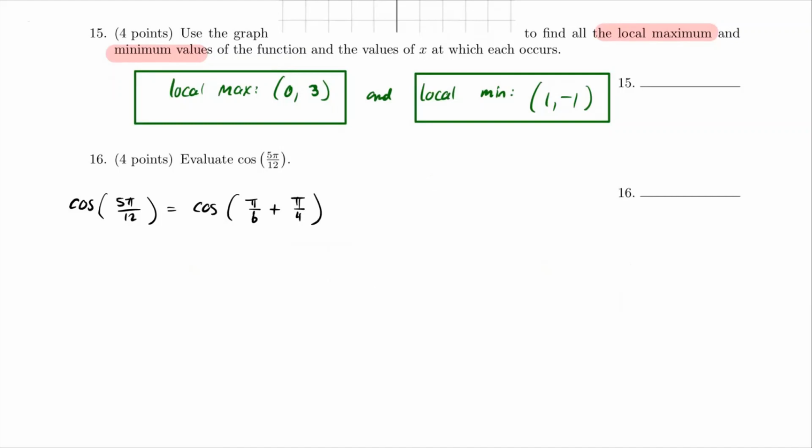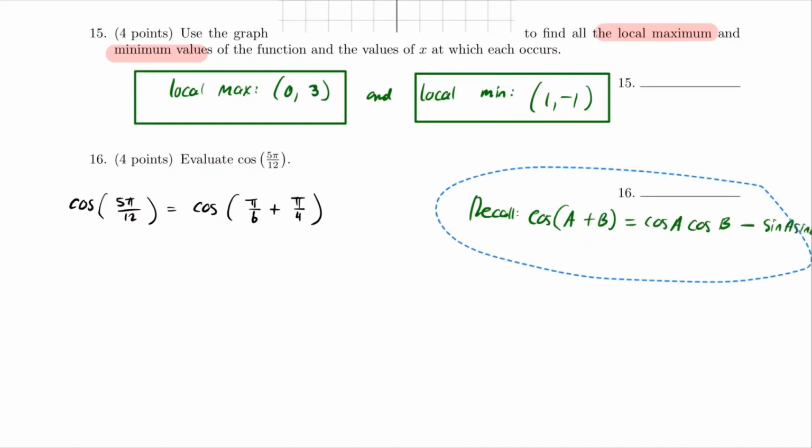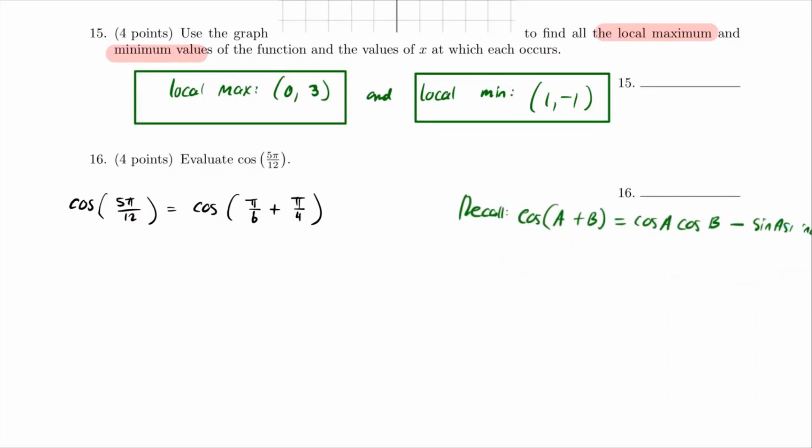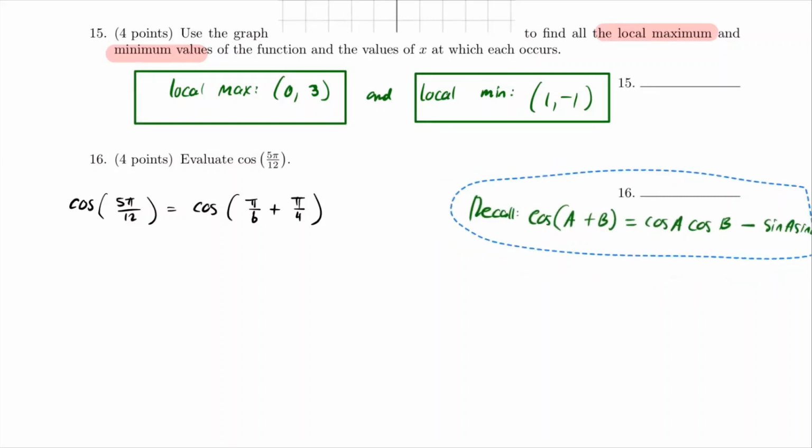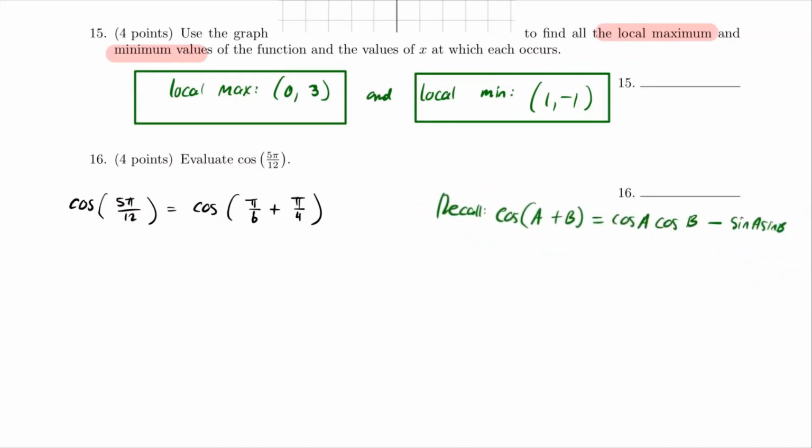Then using the formula, so recall that if you have cosine of A plus B, two angles, this is cosine A, cosine B, minus sine A, sine B.